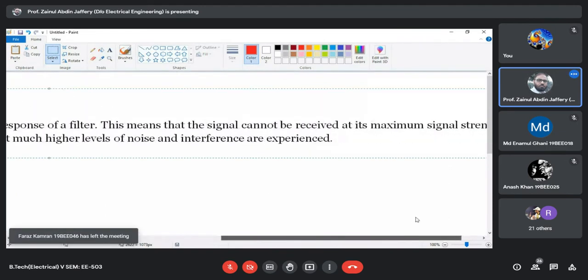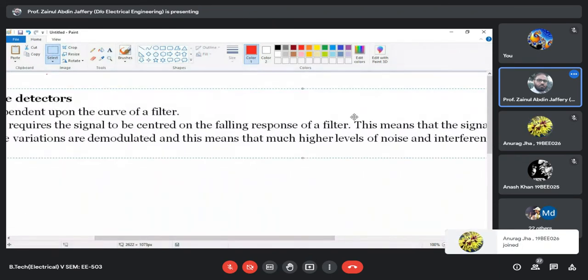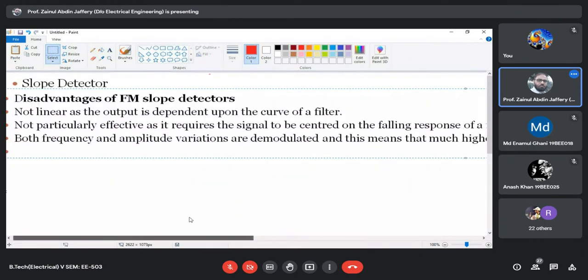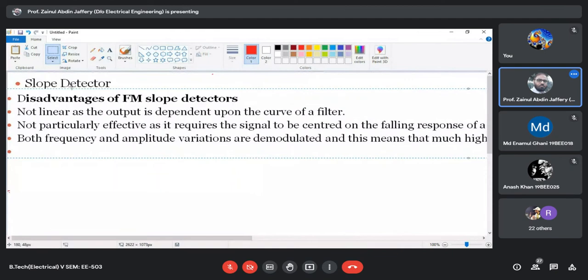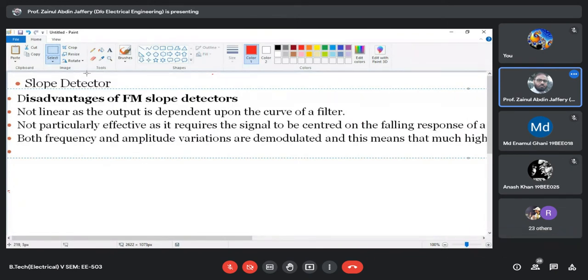These are some of the limitations of this slope detector. The linearity region is less, so obviously the bandwidth will be low.